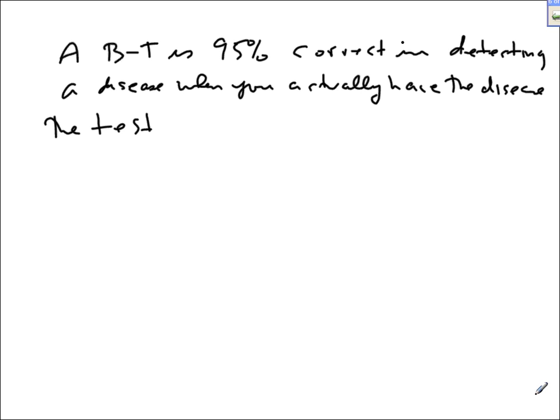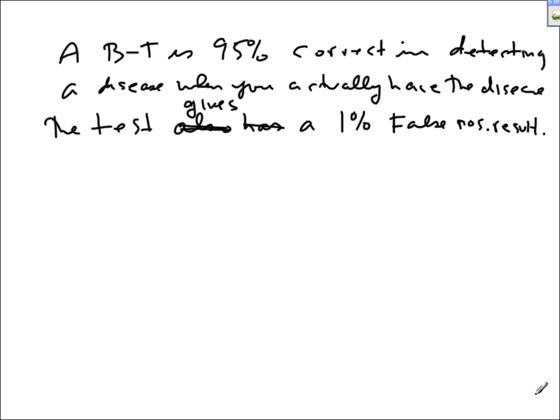Suppose the test also has, say, a 1% false positive result. The test, say, gives a 1% false positive result.